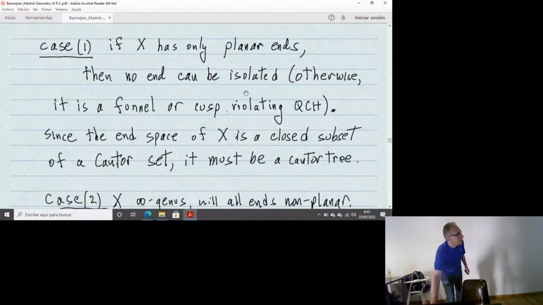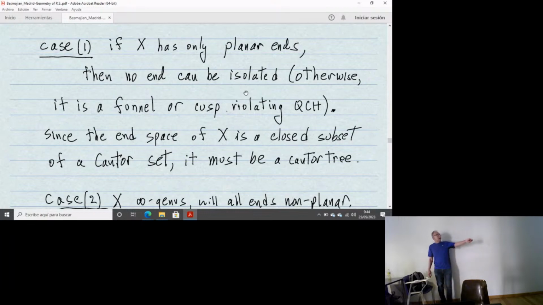There are really two cases to consider. One is only planar ends, so genus 0, and the other is the infinite genus case. Let me talk through the planar end, or genus 0, case. No end can be isolated. Why? If you have an isolated end on a hyperbolic surface, it has to come from either a funnel or a cusp, but that violates being QCH. So all the ends are not isolated.